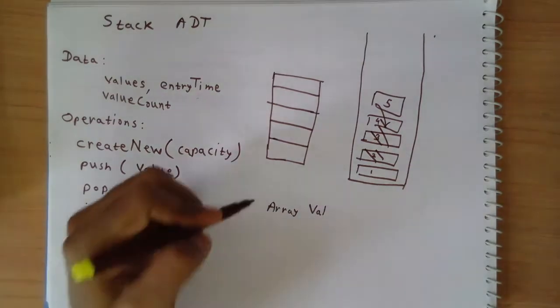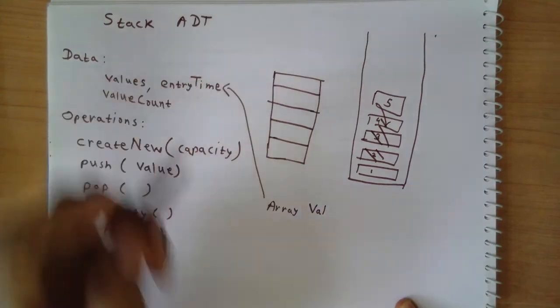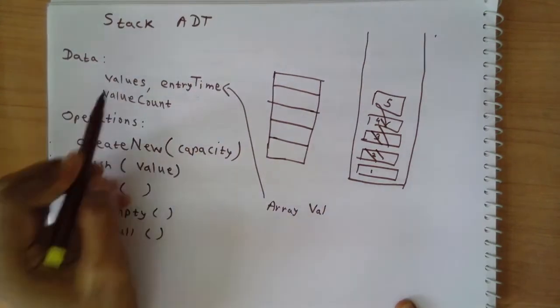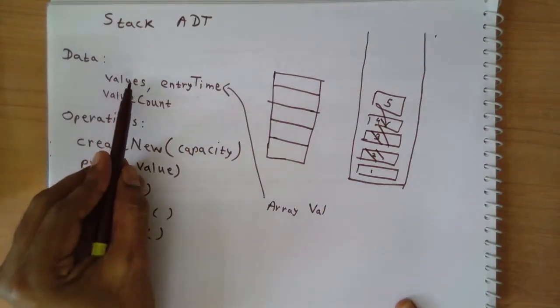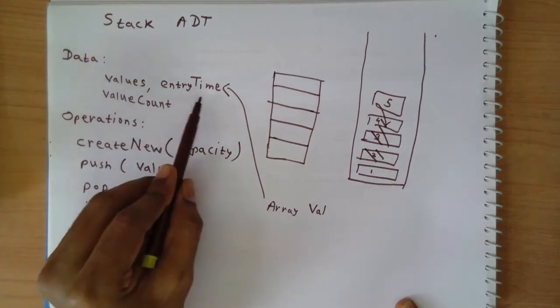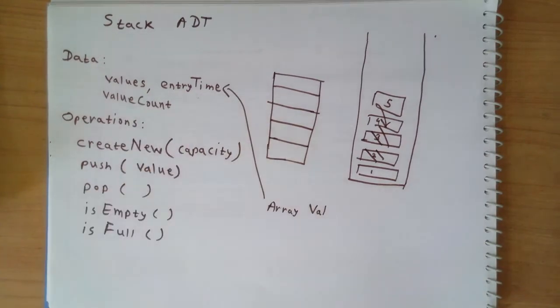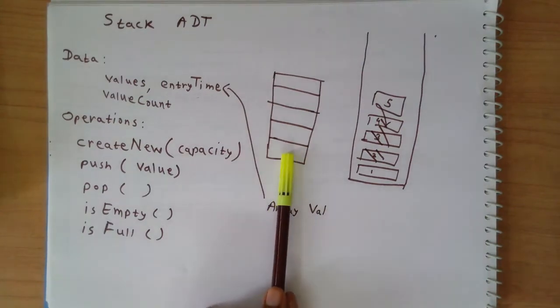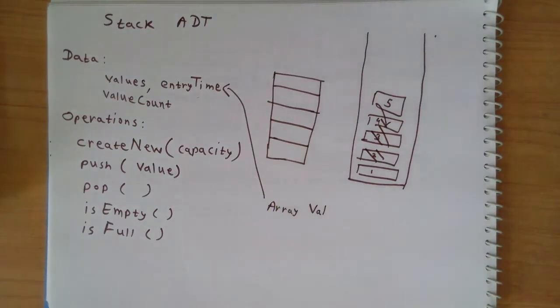That's how I'm going to store my data. This array is going to store values directly, but the entry time will be stored implicitly in terms of the index value. The value with the lowest index is going to have the earliest entry time, and the value with the highest index is going to have the latest entry time.